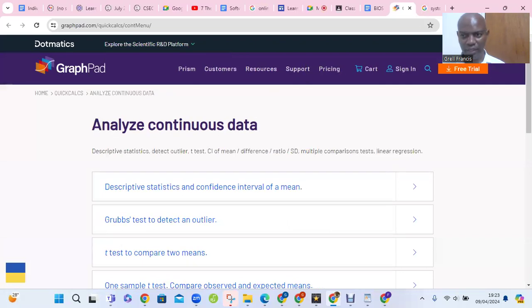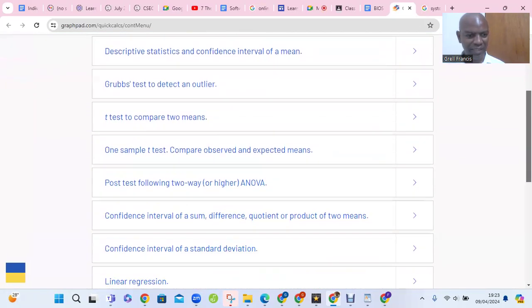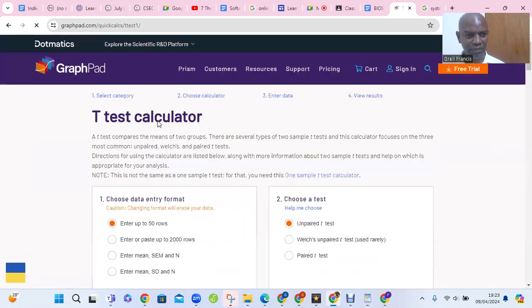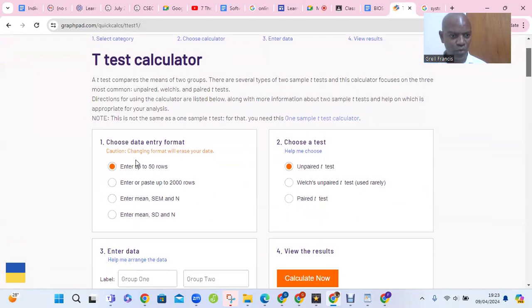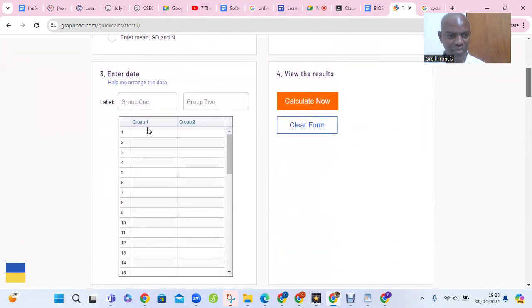And we are looking for the independent samples t-test to compare two means. Here it is. And it says to choose how to enter the data. Unpaired t-test. You have paired and unpaired. Unpaired is independent. So we can copy and paste our values in here.